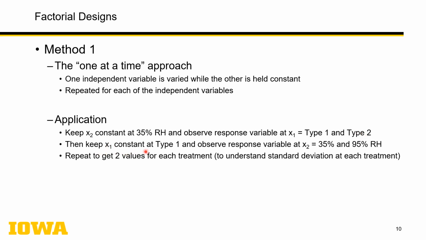You're going to keep x1 constant at type 1 and observe the response at 35% and 95%. And then maybe just to make sure, you're going to repeat this whole process again to get two values for each of these treatments that you have come up with. Sounds good and logical? Why not? Sounds like we have everything covered.